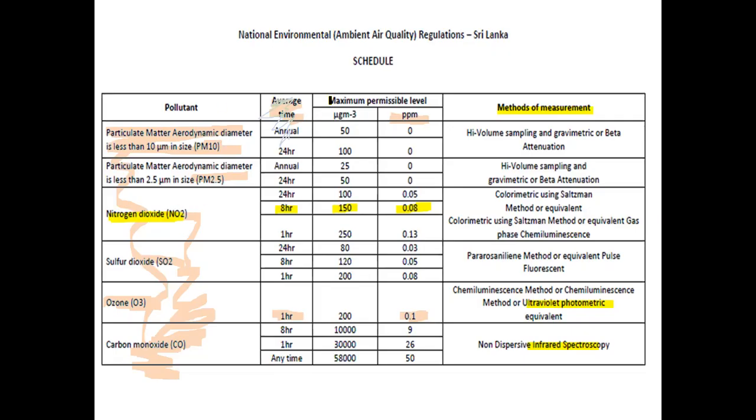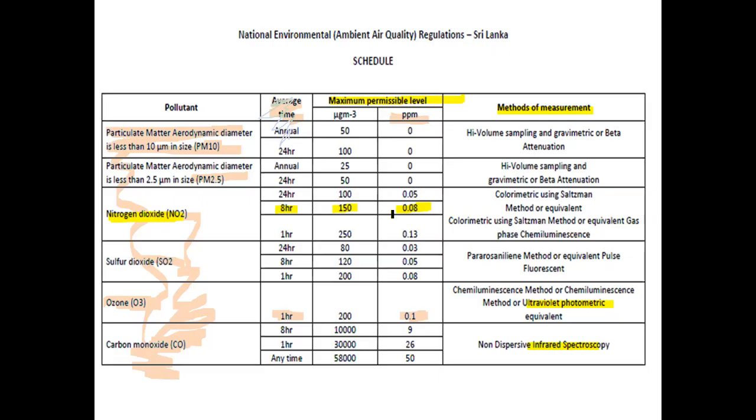So this is the maximum permissible level for an 8-hour period. That means, say you are in a factory where NO2 is emitted. Then you have to measure the nitrogen dioxide concentration for an 8-hour period, from 30 minutes to 30 minutes, or 1 hour to 1 hour, or minute to minute. Then you can calculate the average nitrogen dioxide concentration for the 8-hour period.